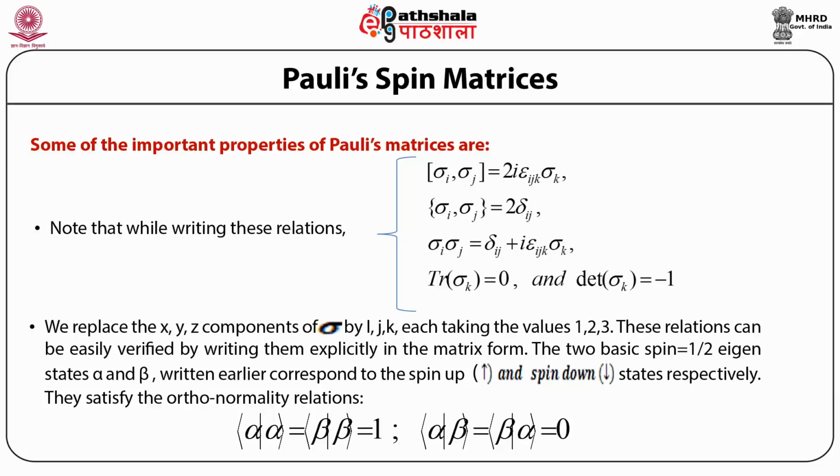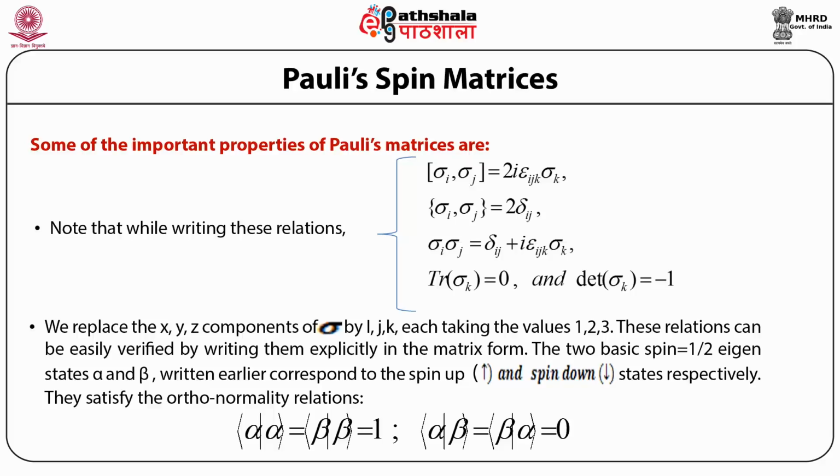Now we know that there are two basic spins. The value of the spin is half, and this spin half will have two eigenstates, alpha and beta, where alpha denotes the spin up and beta denotes the spin down state respectively.